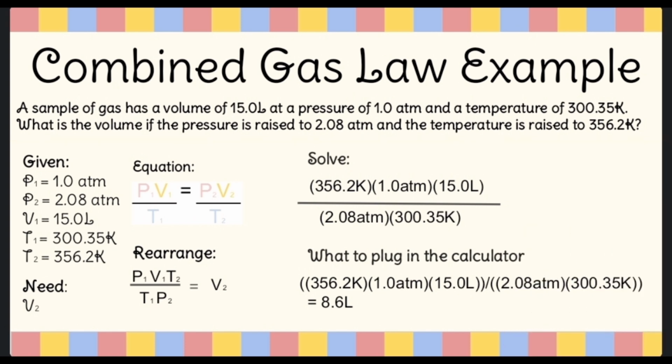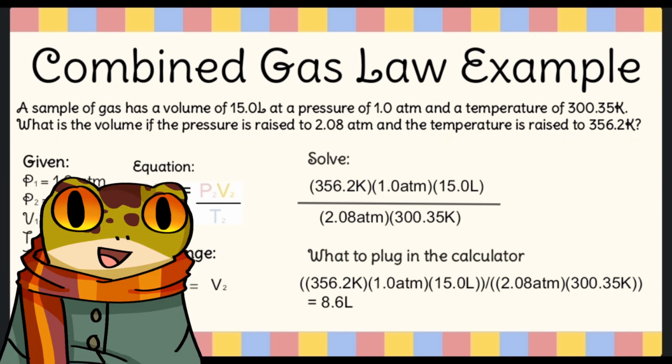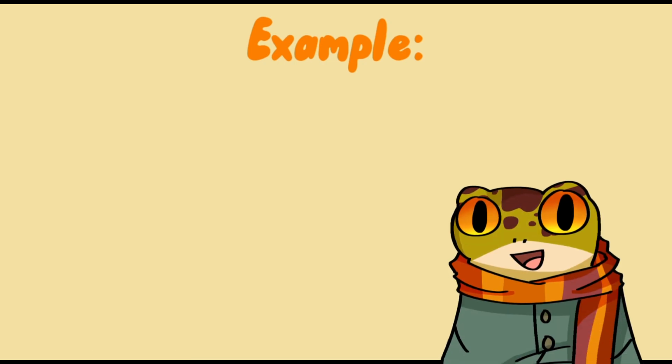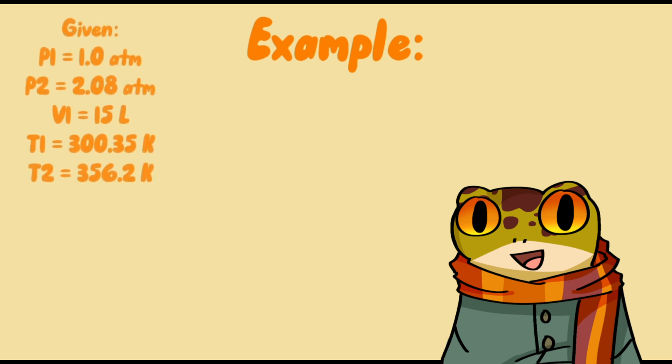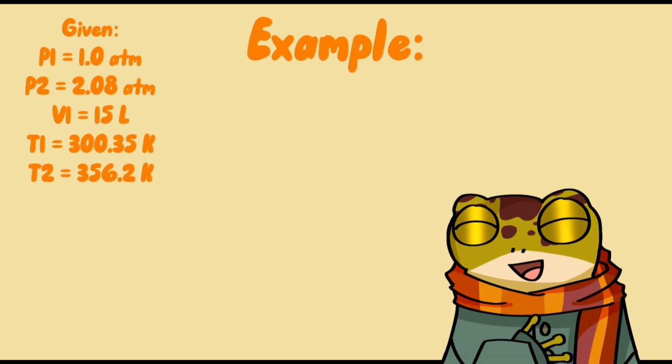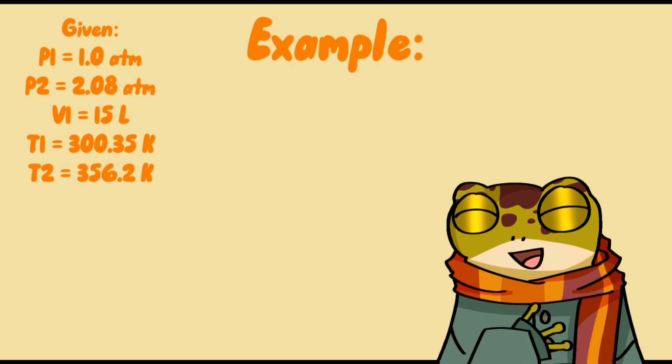Okay, so first, if we're doing any gas law problem, we have to look at the problem and see what our givens are. After looking at the problem, we can see that our givens are pressure 1 is 1.0 atm, pressure 2 is 2.8 atm, volume 1 is 15.0 liters, temperature 1 is 300.35 Kelvin, and temperature 2 is 356.2 Kelvin.